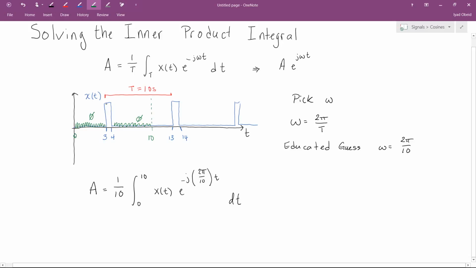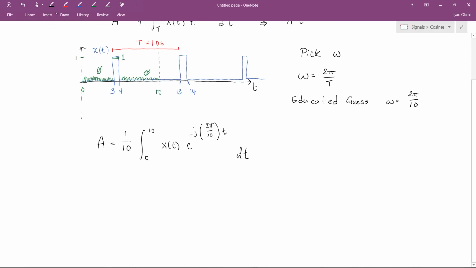In fact, the only place where there is stuff to integrate is between t equals 3 and t equals 4, where x of t has the value 1. So in other words, this integral will simplify to 1/10 times the integral from 3 to 4 of 1 times e to the minus j 2 pi over 10 t dt.